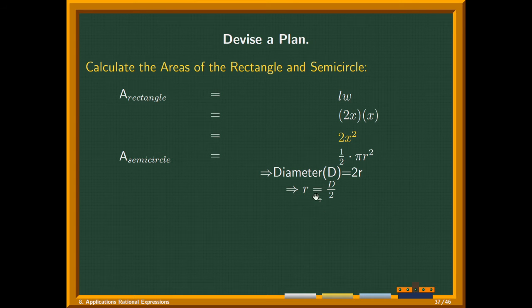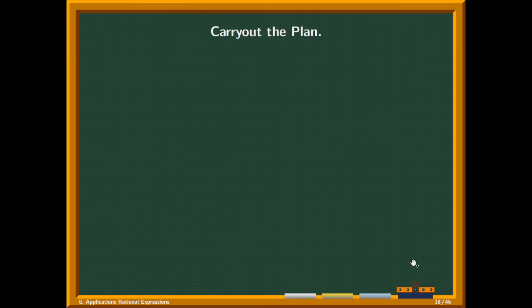So substituting this relationship, we have 1/2 times pi times the quantity d over 2, squared. Simplifying, we have pi times d squared all over 4. But notice, d is exactly the same as its width, so this is actually x. Multiplying numerator times numerator and denominator times denominator, we have pi x squared all over 8.